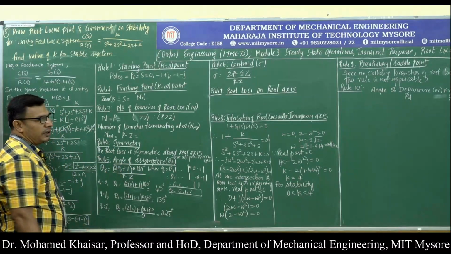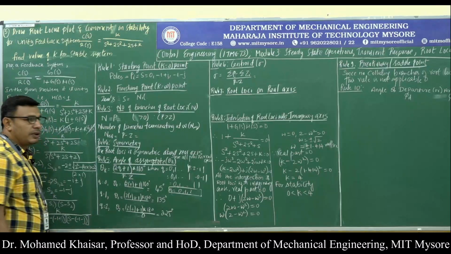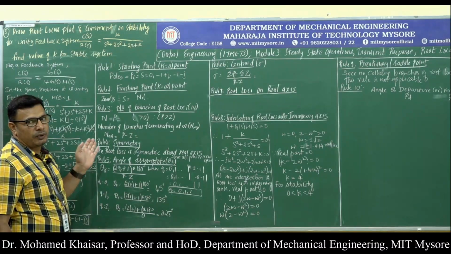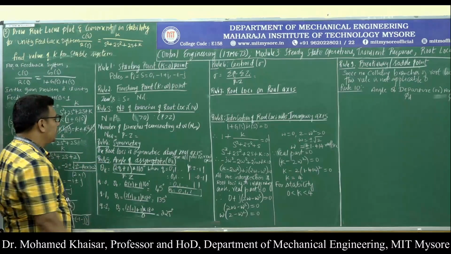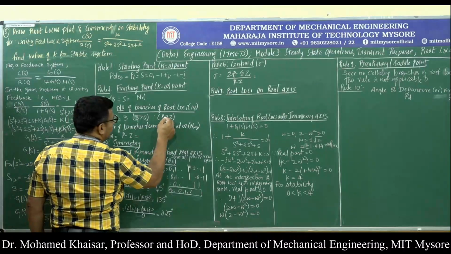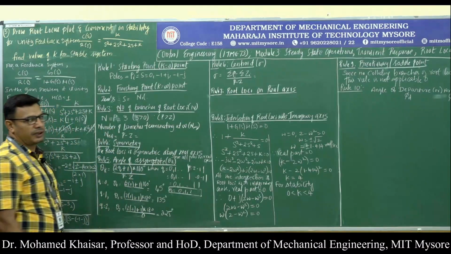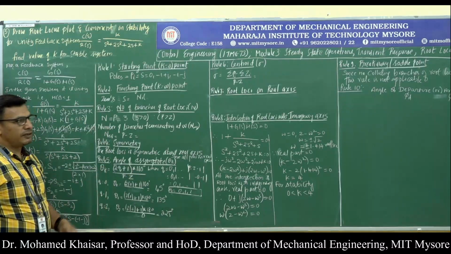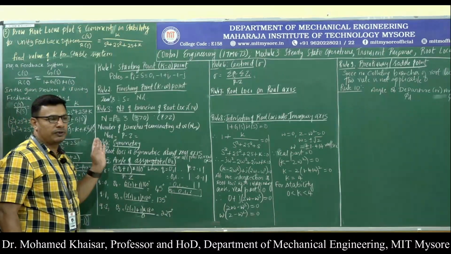Number of poles is 3, number of zeros is nil or 0. Since 3 is greater than 0, the number of branches of root loci will be equal to the number of poles, that is 3.